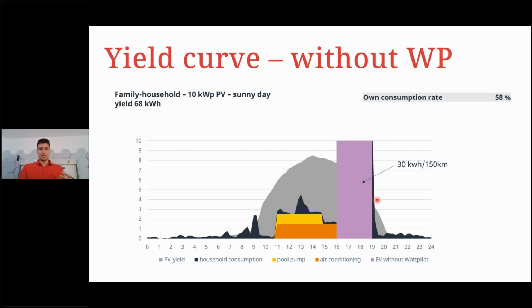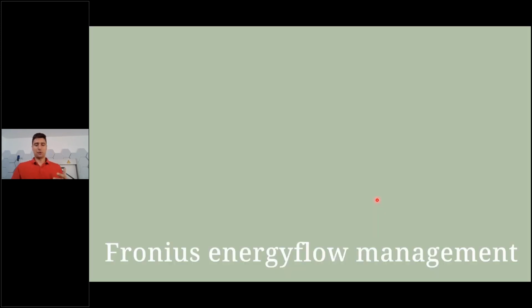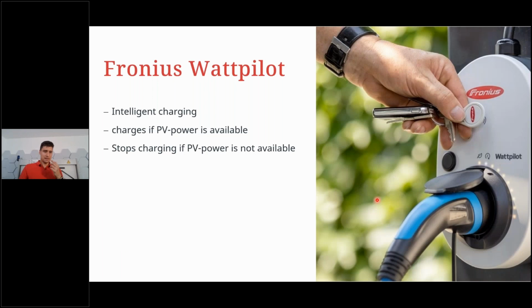To do this, we can use something we call Fronius energy flow management. In this case, there is a device called Fronius Wattpilot. The Wattpilot is an intelligent charging device for an electric vehicle. Roughly said, it charges if PV power is available, and it stops charging if PV power is not available.